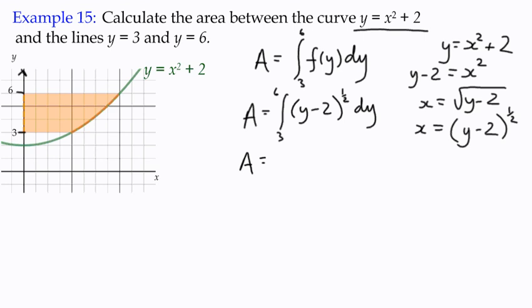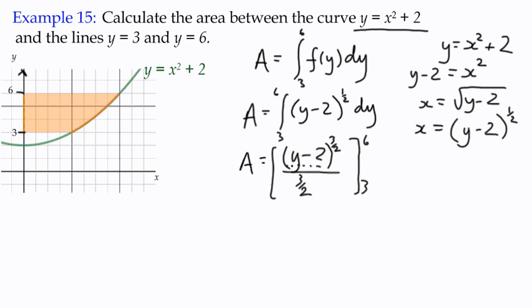You've got a composite function, so the integral is y minus 2 to the power 3 over 2: add 1 to the power, divide by the new power, and also divide through by the derivative of the inside term, which happens to be 1. It's a definite integral, so no plus c, but we are going to put 6 and 3.